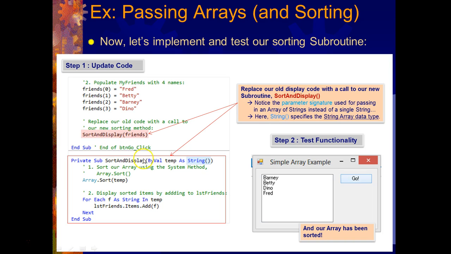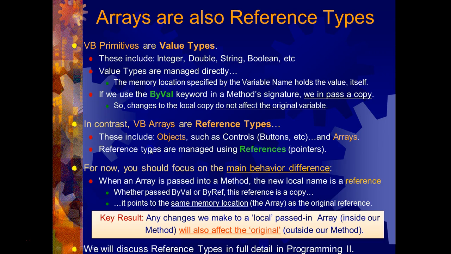So even though we use the ByVal keyword, since friends is a reference type as opposed to a value type, it gets handled slightly differently. He says when an array is passed into a method, the new local name is a reference.